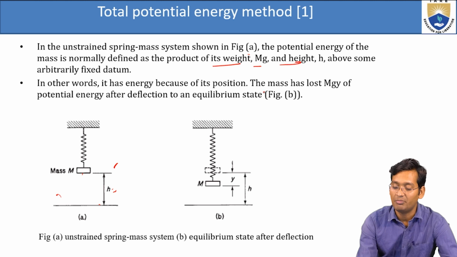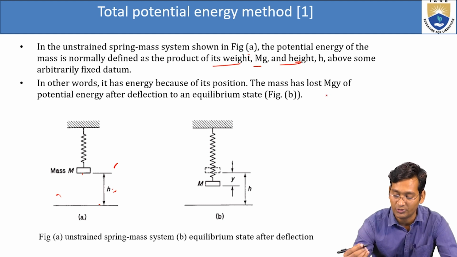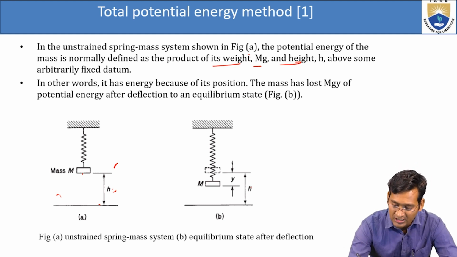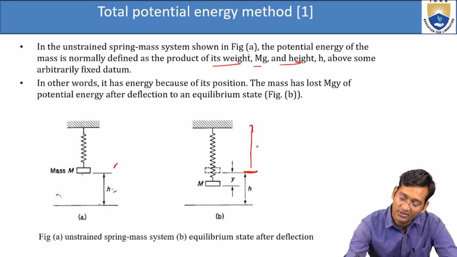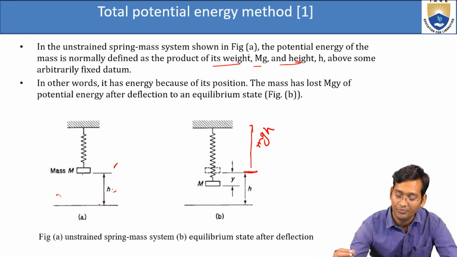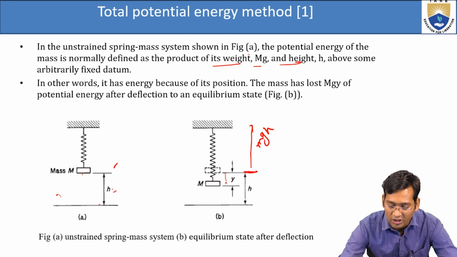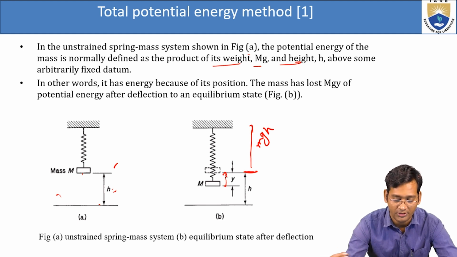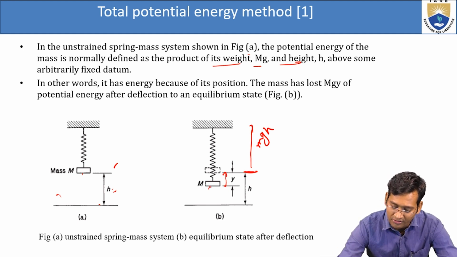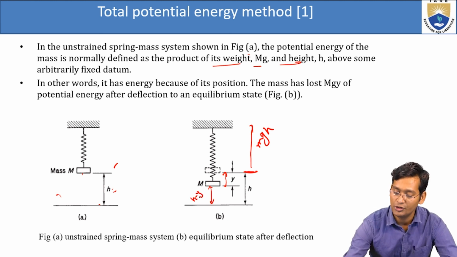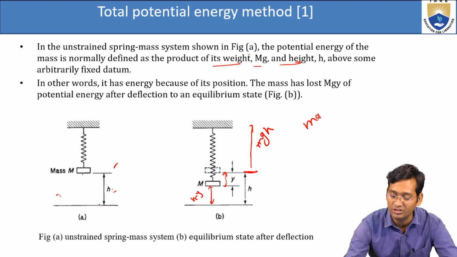Okay, now the mass has lost mgy of potential energy after deflection to an equilibrium state. So just see what happened here. Earlier mgh was there. Now it is getting deflected or strained by y, so the height becomes h minus y. So the new potential energy is mg into (h minus y).